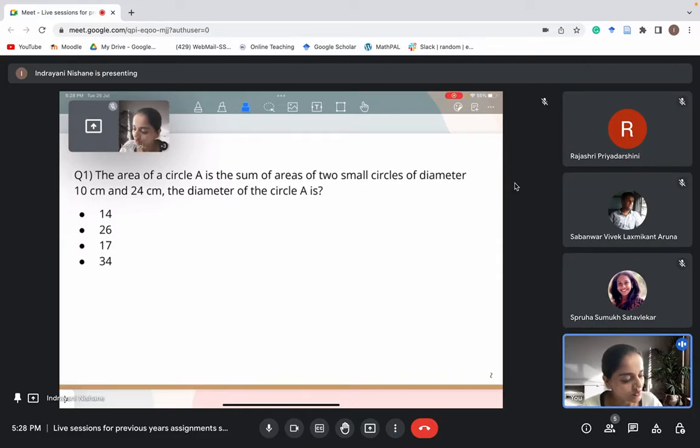So the first question goes like, the area of a circle A is the sum of the areas of two small circles, one with diameter 10 centimeter and the other with diameter 24 centimeter. So we have first diameter as 10 centimeter, so first radius would be 5 centimeter, and the second radius would be 24 by 2, 12 centimeter.